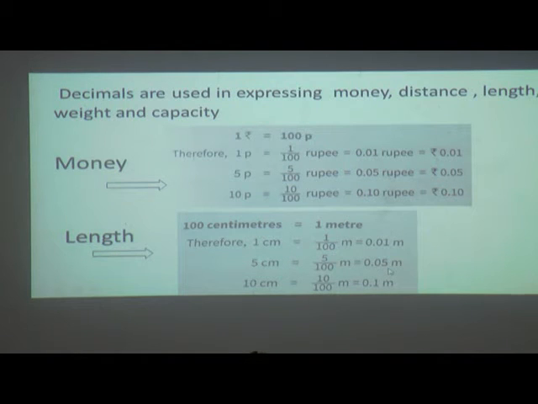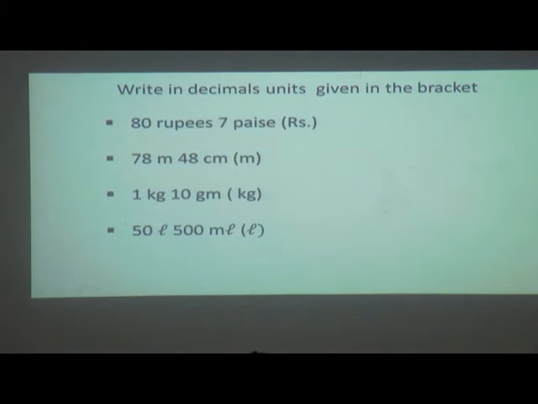Hope so, my dear students, you understand how to convert to decimals and where we are using these decimals; we just saw it with money and length. Now write in decimals the units given in the brackets. I will just explain it here. I think you are very familiar, we did this with fractions also.